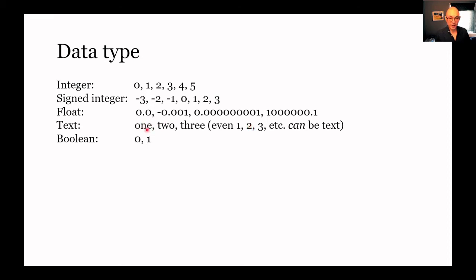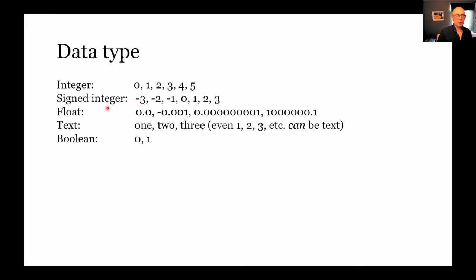This is specifically in English, and this is regardless of language, generally speaking. Everybody understands that is a 2. You might not understand that as a 2. That's just some weird characters if you don't speak English, whereas that is still a 2. But for the computer, it's just text. It's a character.